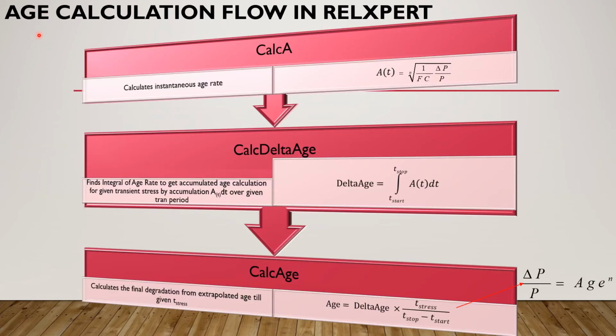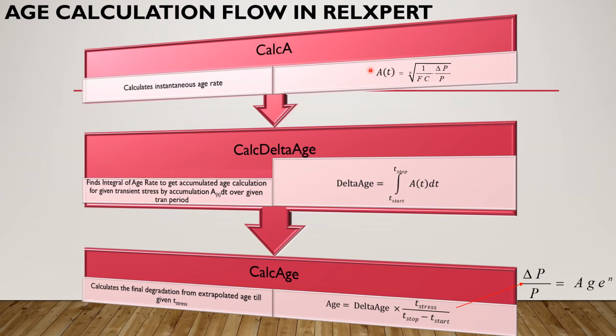Now I'm going to talk about how this HCI gets modeled in the Cadence environment, particularly in RelExpert. The basic equation that is used is for something called age.